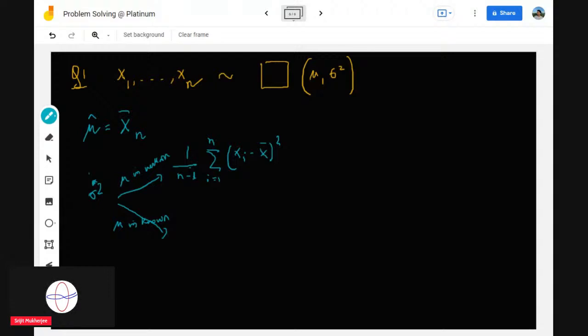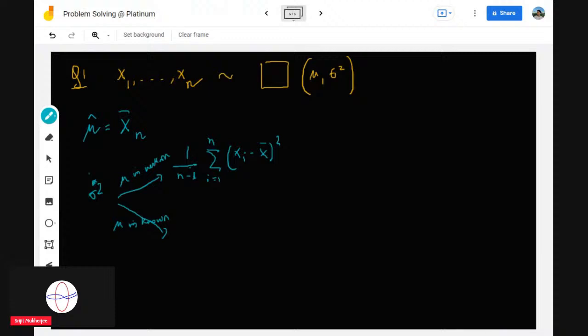This is something you should be telling me, guys. What is a good estimate if mu is known? Tell me.